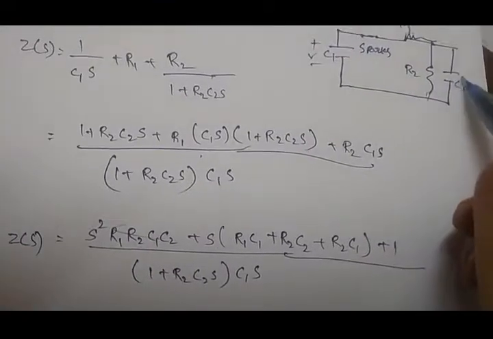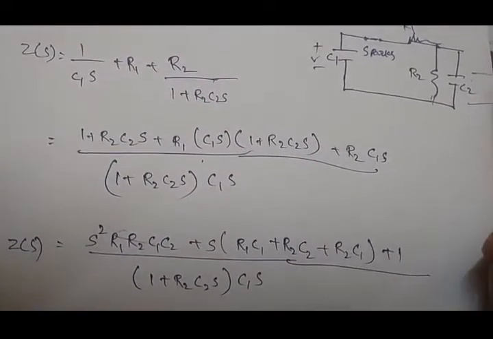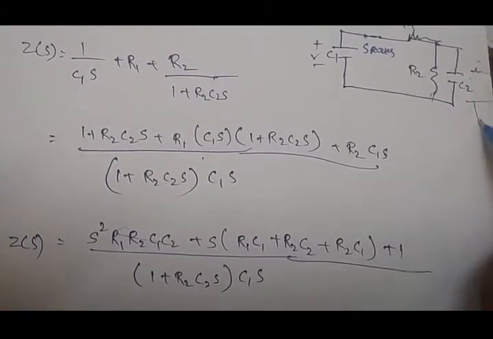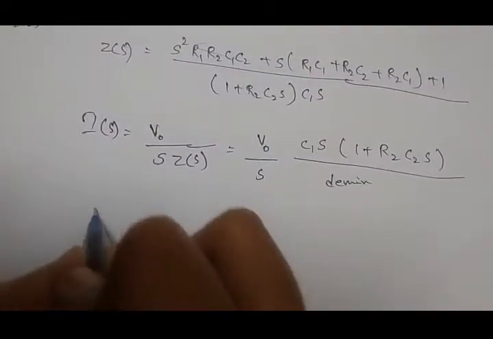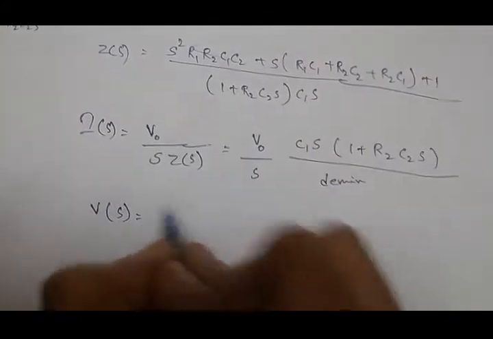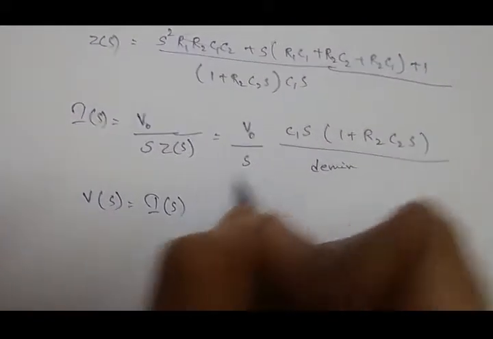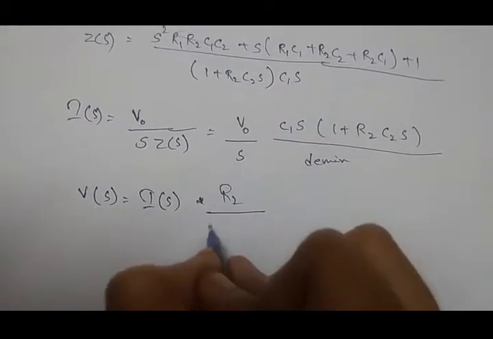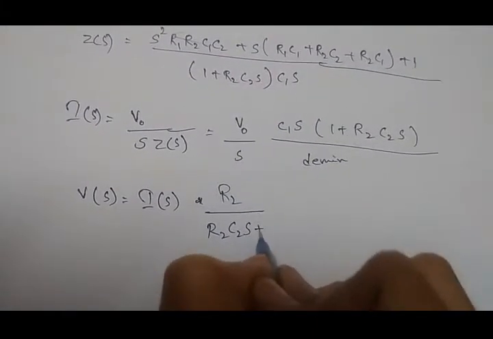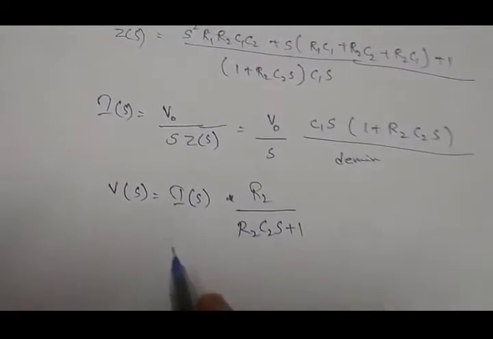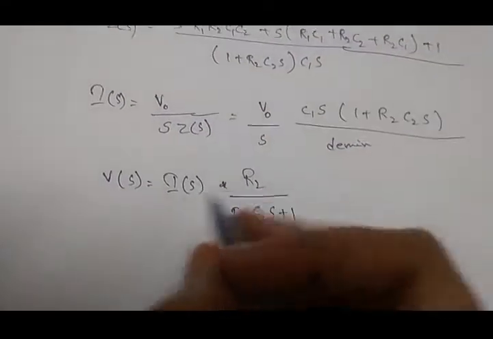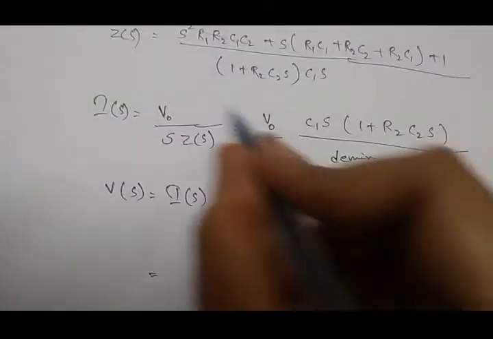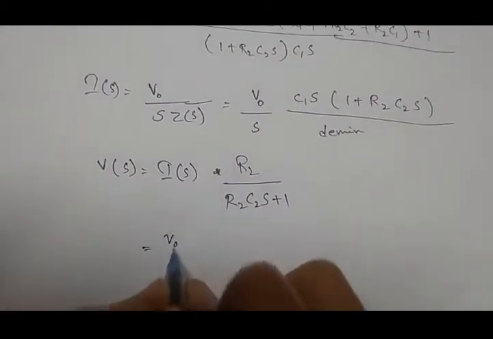Once I have this, I am interested in finding the voltage drop across the capacitors. So V of S equals I of S into the impedance, since it is in a parallel combination. Try to replace the I of S value here.